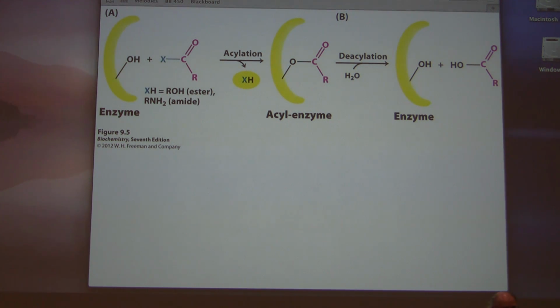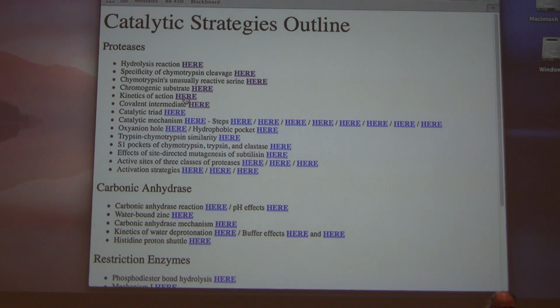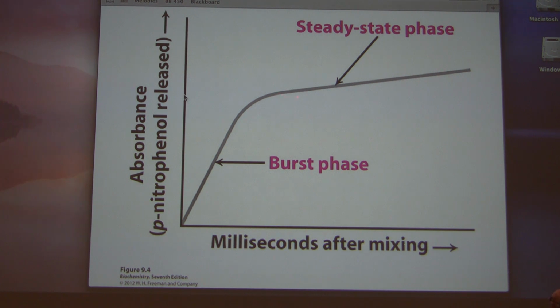And when we look at the kinetics of this reaction, we're actually seeing the slow release of that other half of the molecule from the active site. So the two phases are a fast mode, cleavage of the yellow thing off, and a slow mode, which is the release of the other half of the molecule from the active site.